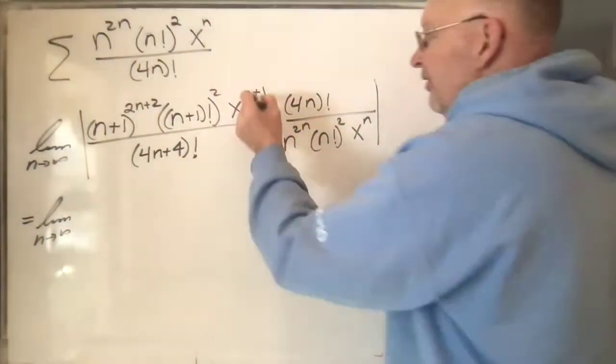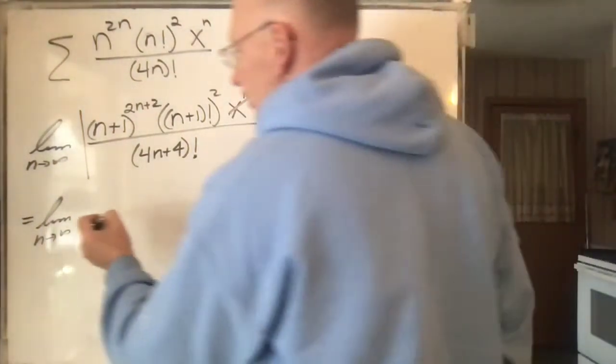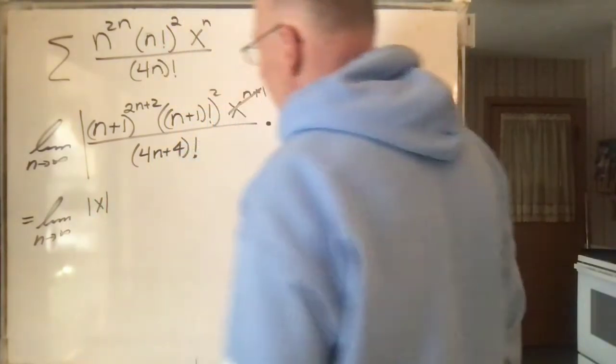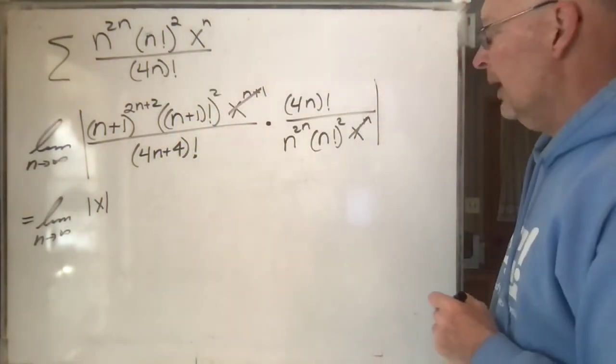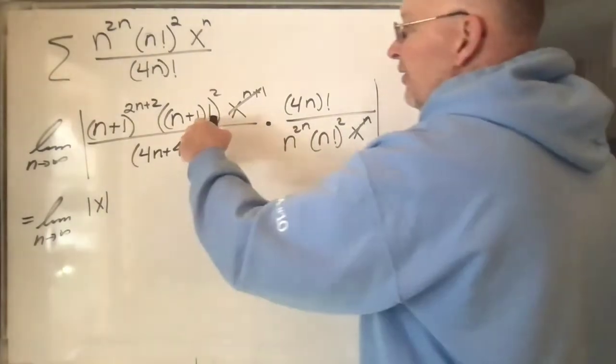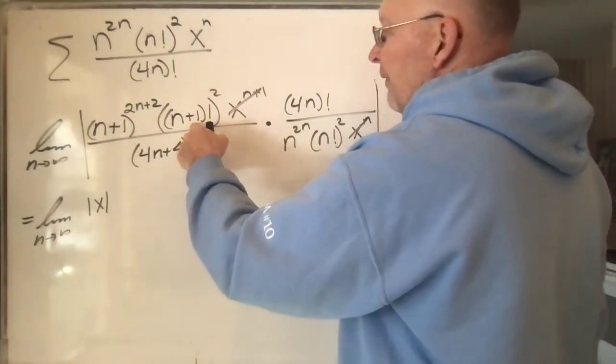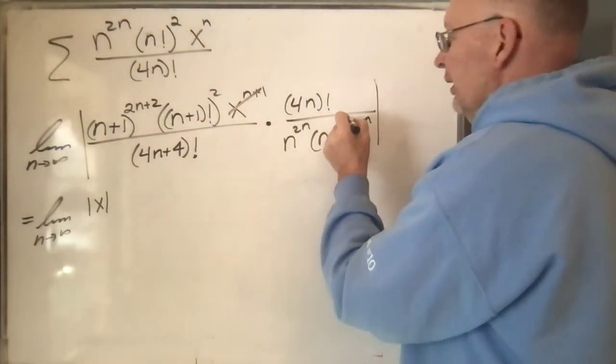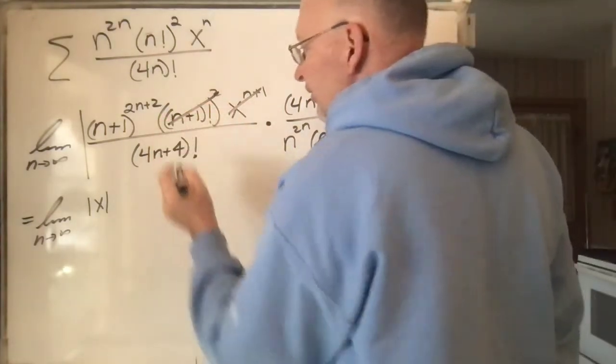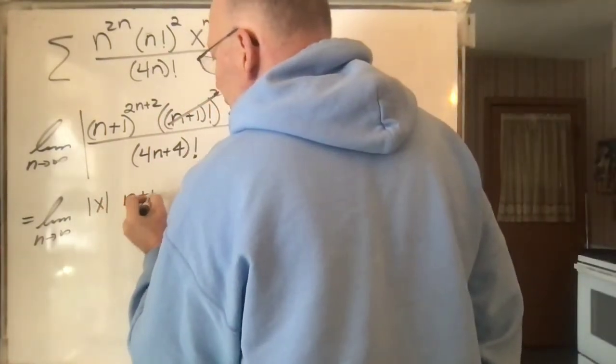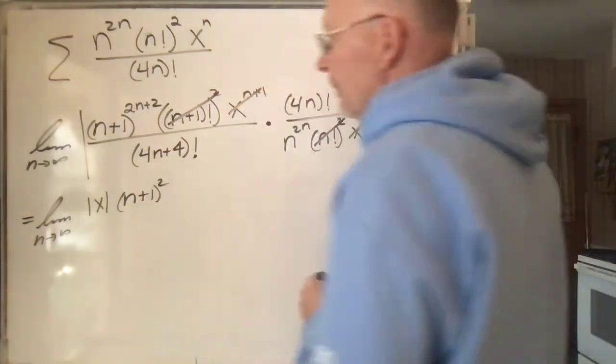So let's start with the x's. That's going to give us an absolute value of x. How about this and this? Each one of these things is going to have an extra n plus 1 to it. Agreed? So I can get rid of both of these, and I'm going to be left with an n plus 1 quantity squared. Agreed?